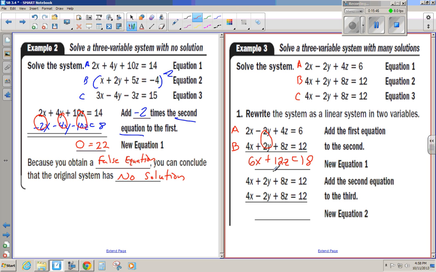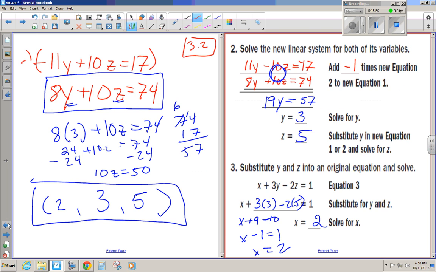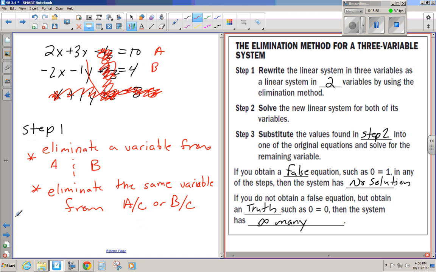All right, let's look at the next one. See here 2 with a negative 2. Equation B and C, right? Look back at the original steps that I gave you. You eliminate a variable from A and B. We did that.